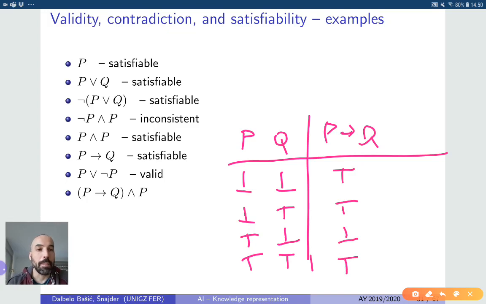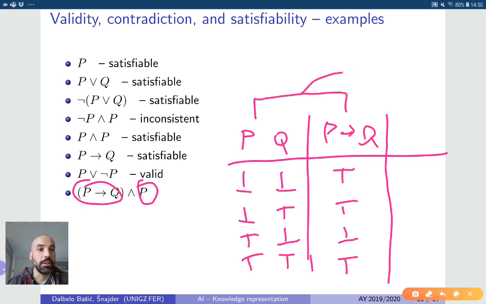And now I need to combine this and P, right? So I'm now combining these two using an AND operator here. And what I get is, well, true and true is true, false and true is false, this is false, and this is false.